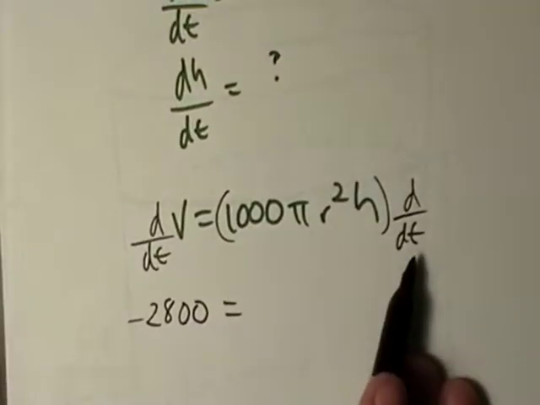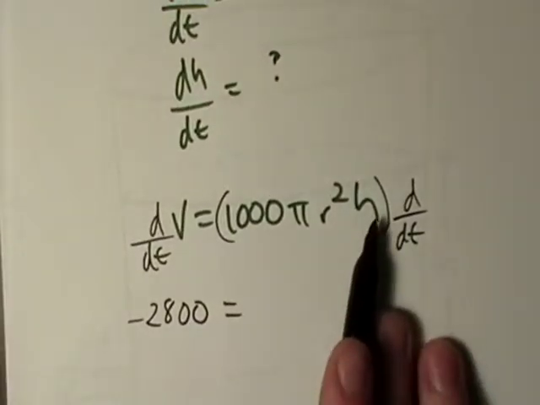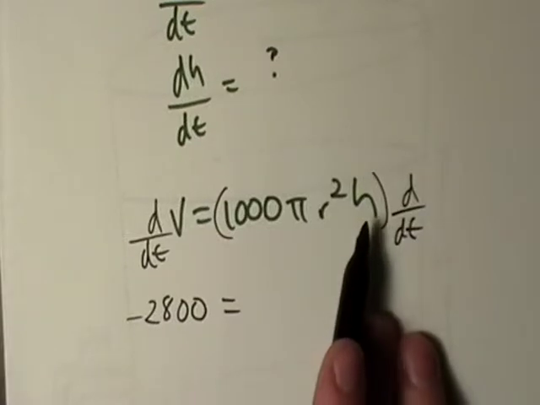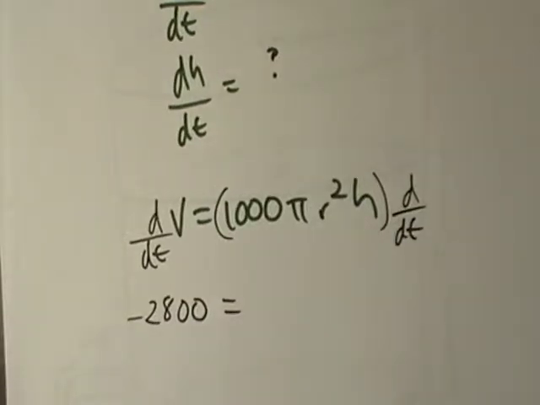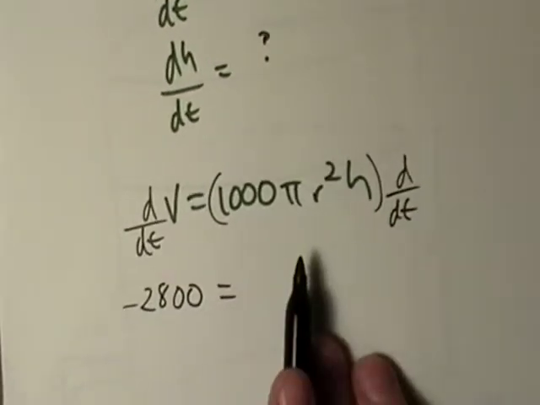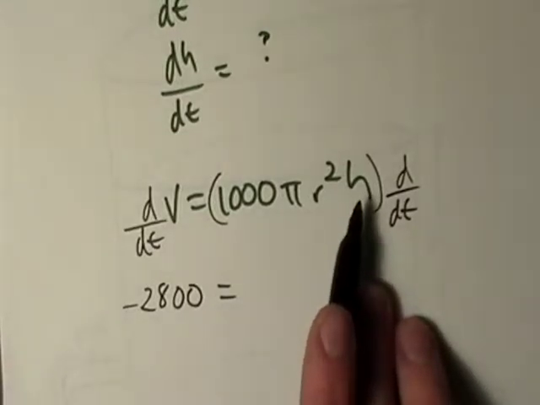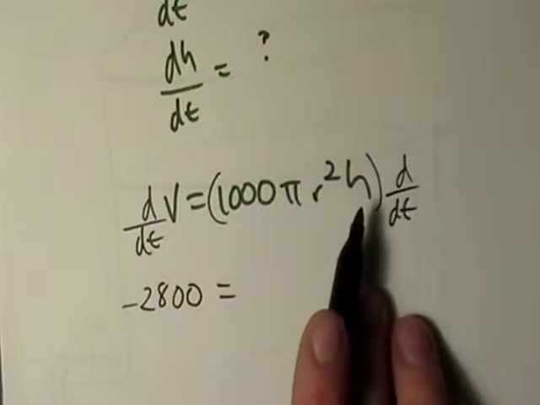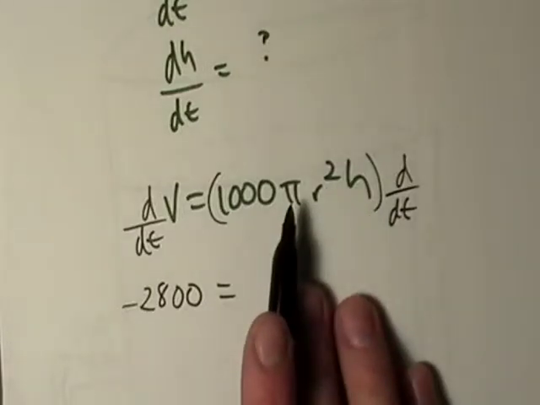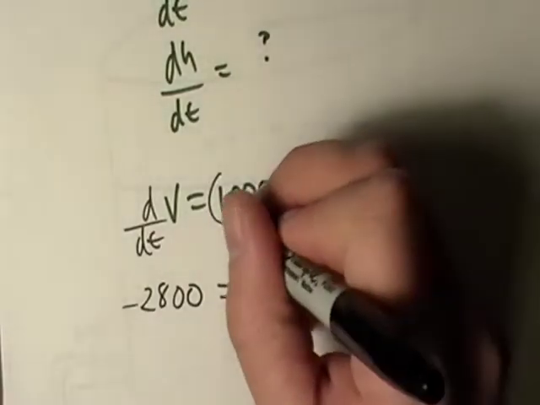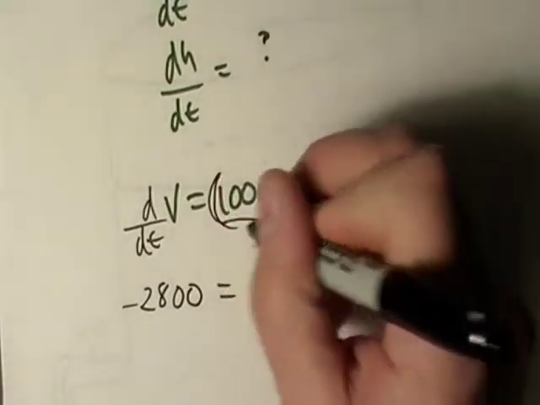What's the derivative of this side of h with respect to time? Well, it's this constant. We're taking the derivative of h with respect to time, so that's going to be dh over dt times the constant. Okay, this whole thing right here is a constant.